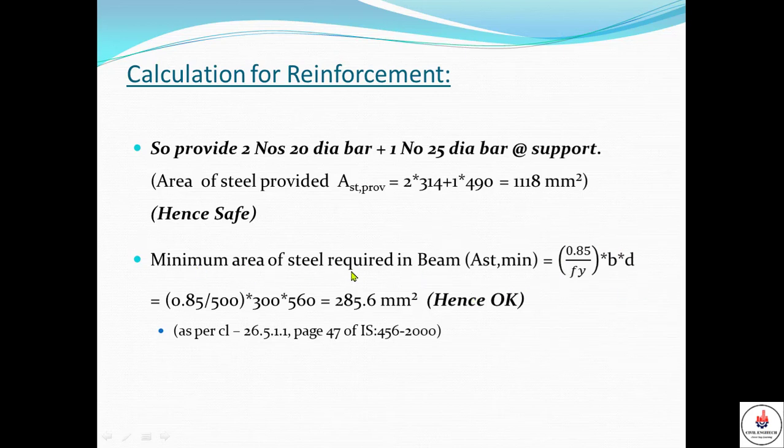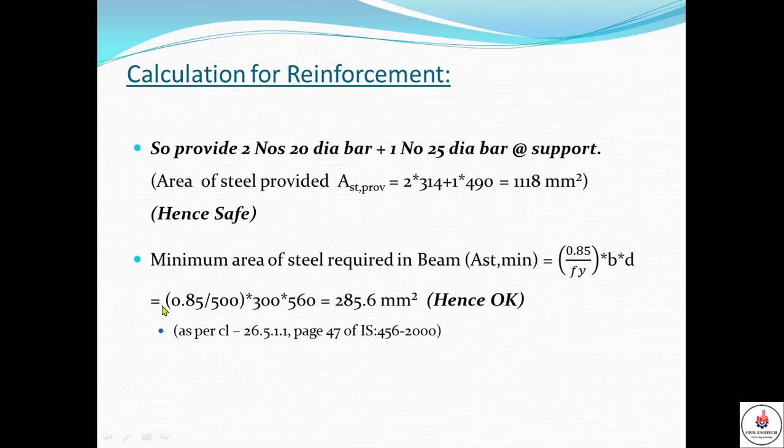The minimum area of steel required in the beam is AST minimum equals 0.85 by Fy into B into D, which is given in clause 26.5.1.1, page number 47 of IS 456 2000. From that we get the value of minimum area of steel.